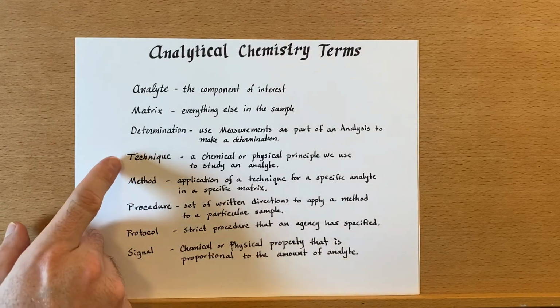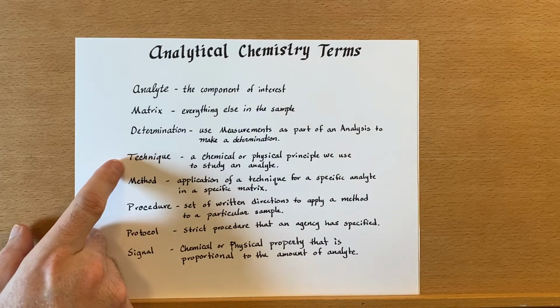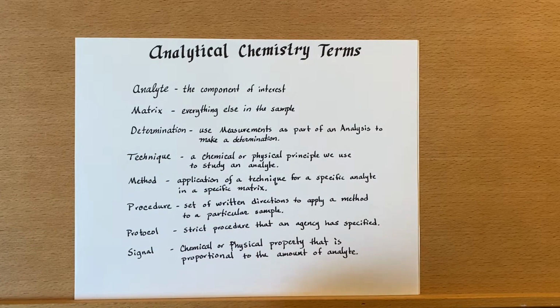Next, we can talk about techniques. A technique is a chemical or physical principle that we can use to study an analyte. One of those principles could be that this chemical is an acid, and therefore it would react with a base. We may be able to use this to determine the concentration of it through perhaps a titration.